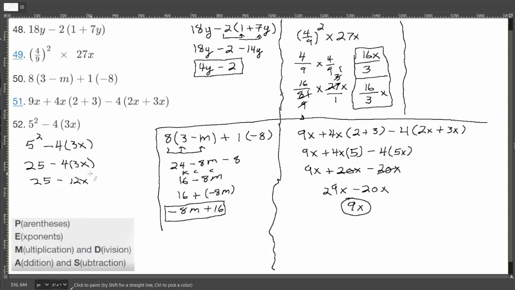And hopefully you guys are savvy that this will be negative 12x plus 25, but let's just keep change. 25 plus negative 12x. And then it'll be negative 12x plus 25. Oops, I forgot the x.